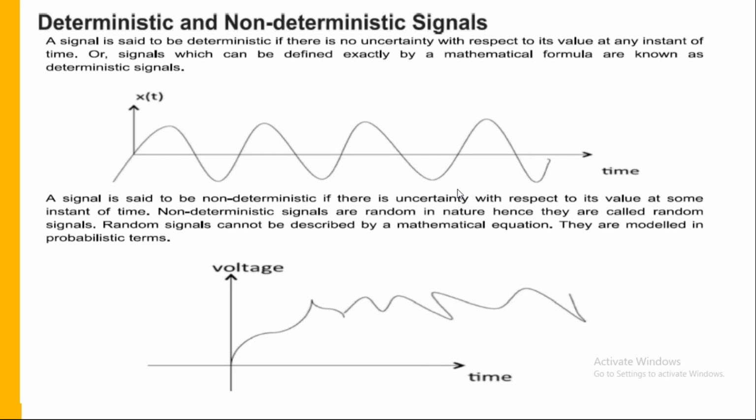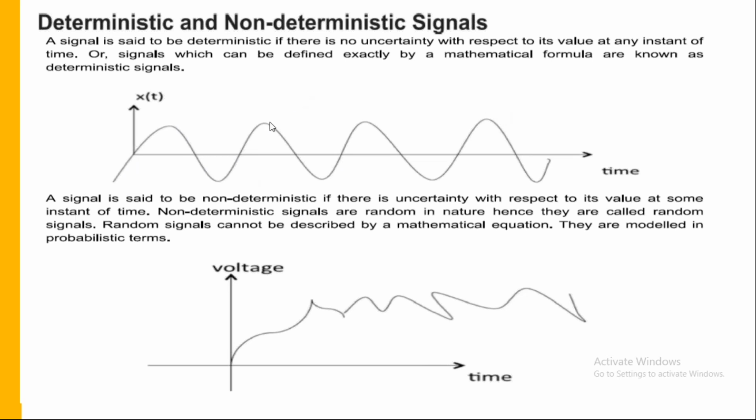A deterministic signal is nothing but any signal which you can represent by a mathematical equation, or which you can represent in a fashion which is known to you. Such signals you can call deterministic signals. Now try to understand, a sinusoidal signal you can represent by a mathematical equation.